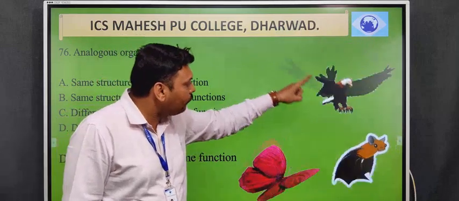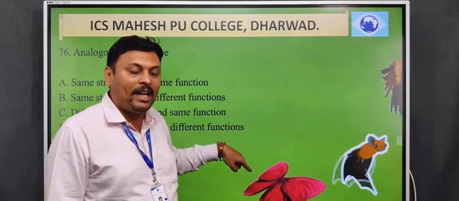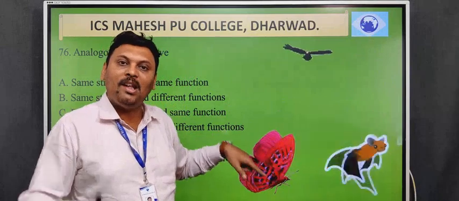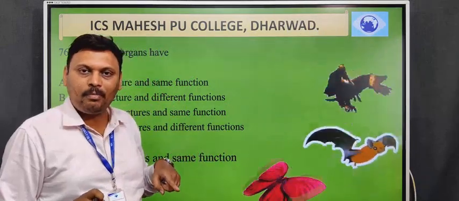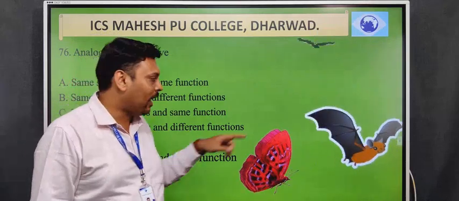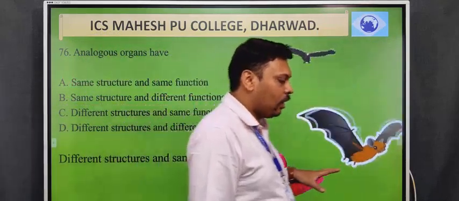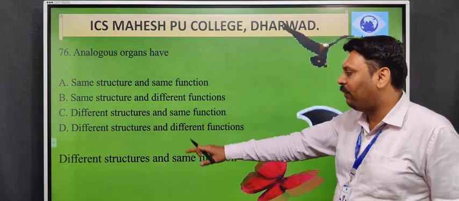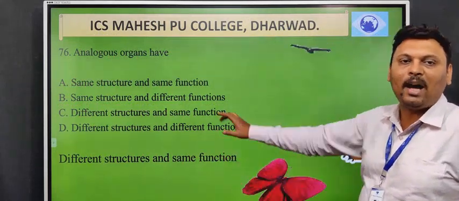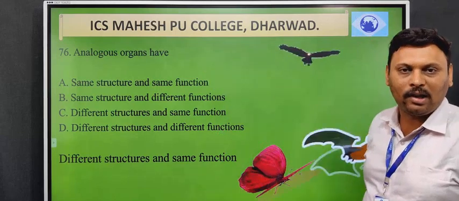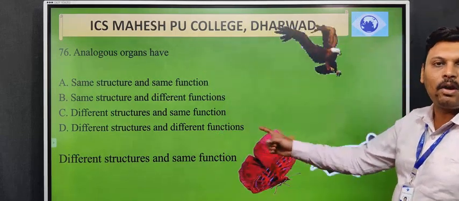Whereas all of these different organisms have wings, they originated from different structures inside the body. So the organs which have different structures and the same function are known as analogous organs.